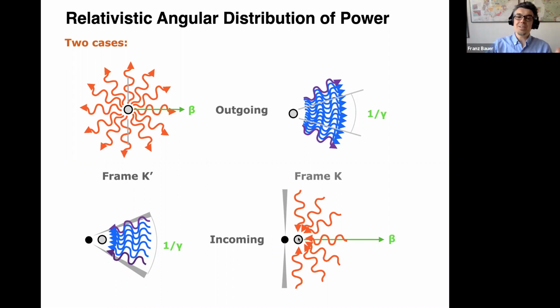If the electron is going in the opposite way, and this is more for the X-ray corona, where you have energetic electrons which are going in all directions, not just being beamed out, but some are going down, some are going up. The electrons that are going down are going to see the disk in a very different way than the electrons which are going up or to the side.